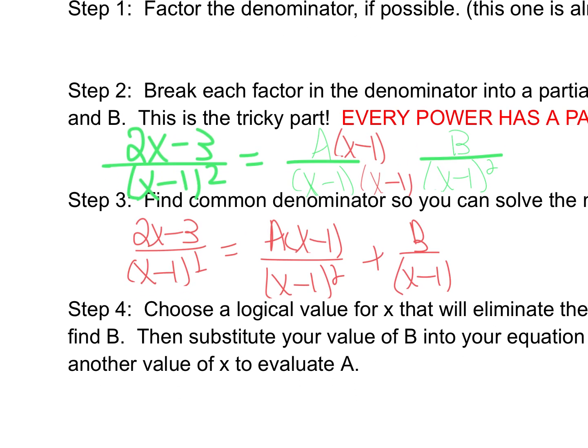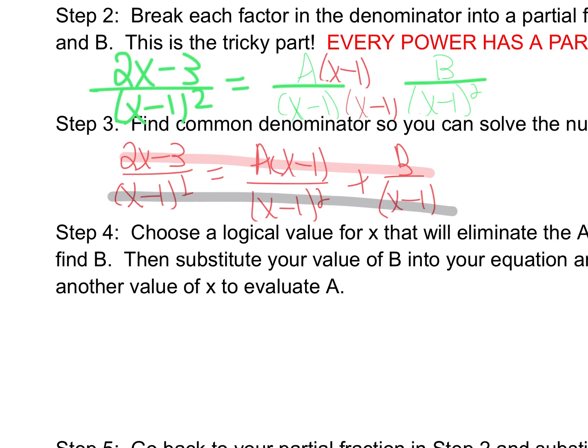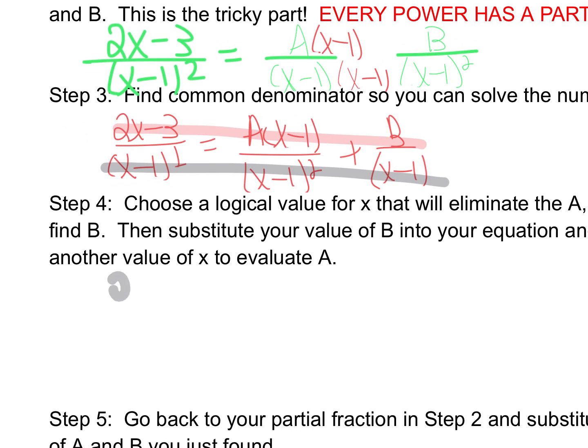Now we have it into our parts, and our denominators are the same, which means we can just solve our numerator. So we are going to have 2x minus 3 equals a times x minus 1 plus b.